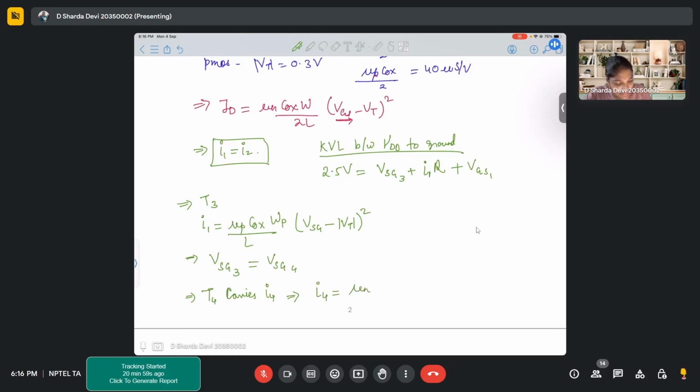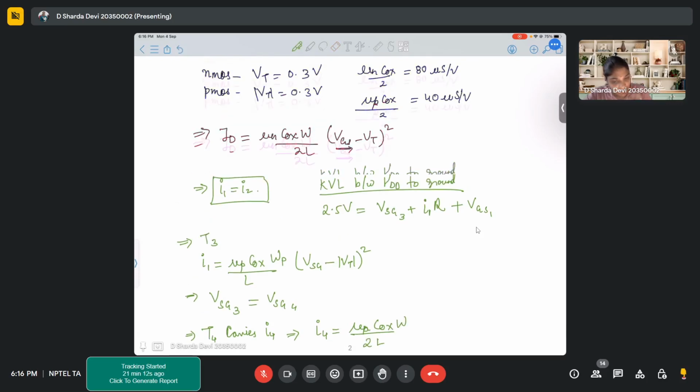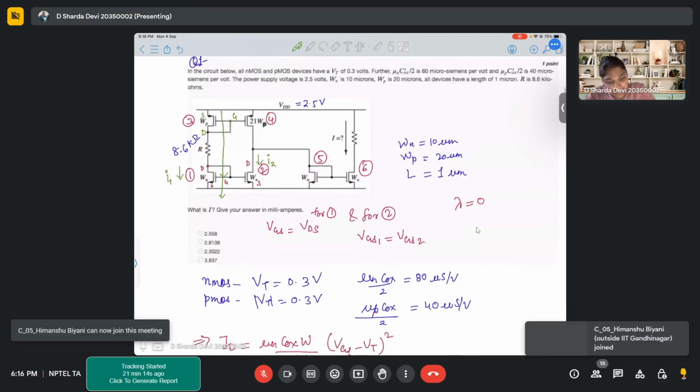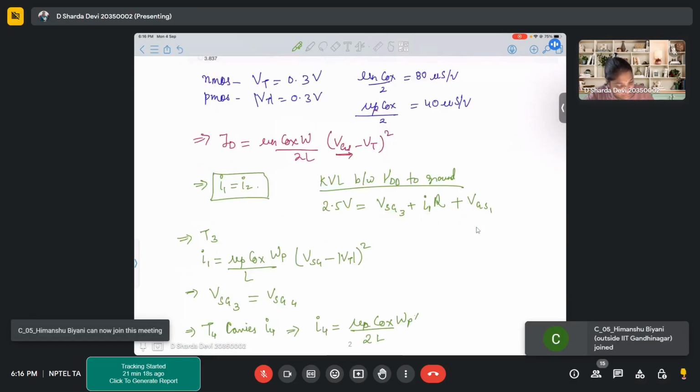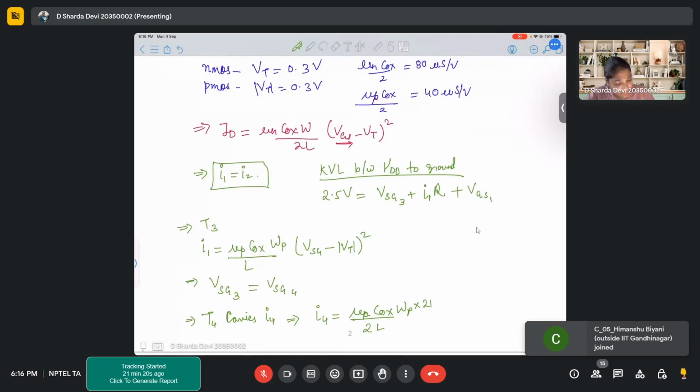I4 is mu P Cox W by 2L, where this WP is 21 times of WP, right? So WP into 21, VSG minus mod VT whole square.